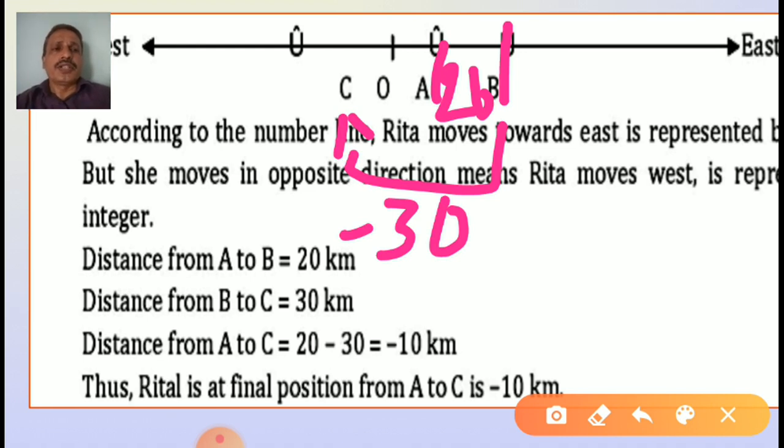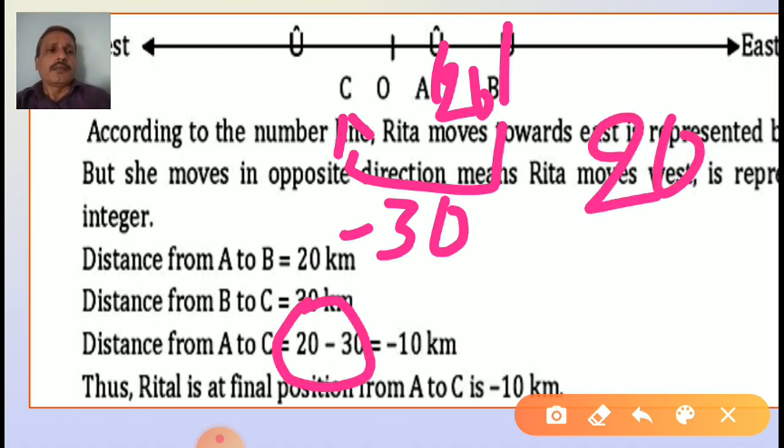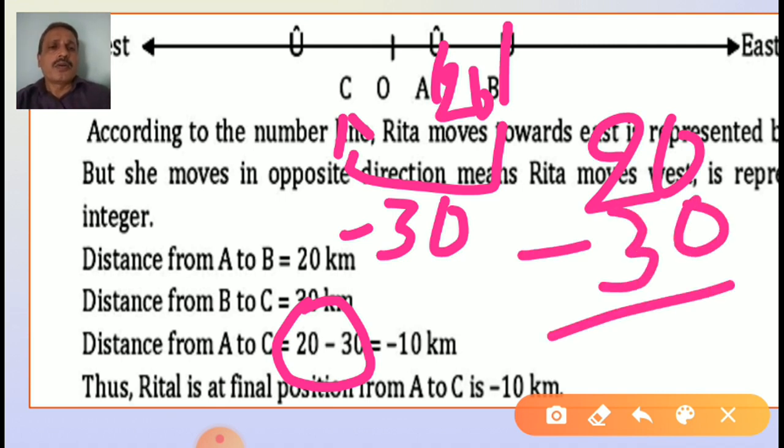So we have to find the A to C distance. What is the A to C distance, students? Yes, we can find 20 minus 30. 20 minus 30 is actually not possible directly, but just forget about the minus sign. 30 minus 20 you can do. Yes, 10.